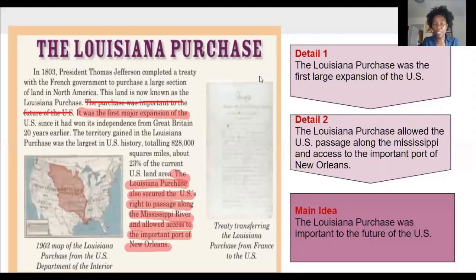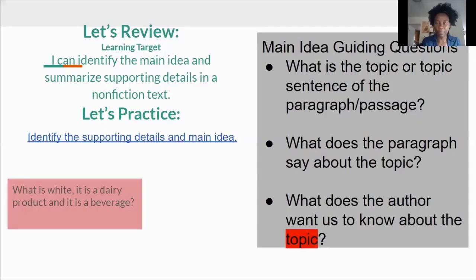Okay, boys and girls, this brings us to the end of our day 2 instruction. Let us review what we learned today. Our learning target was, I can identify the main idea and summarize supporting details in a nonfiction text.